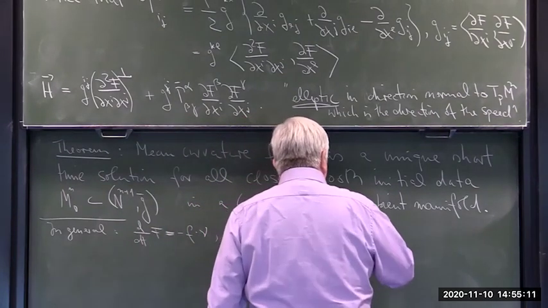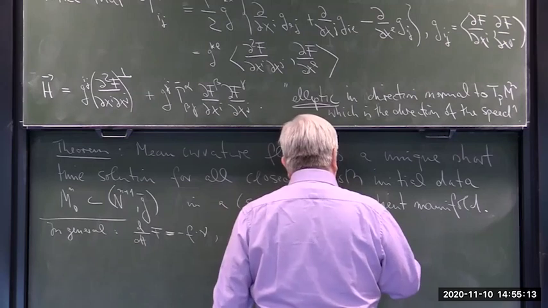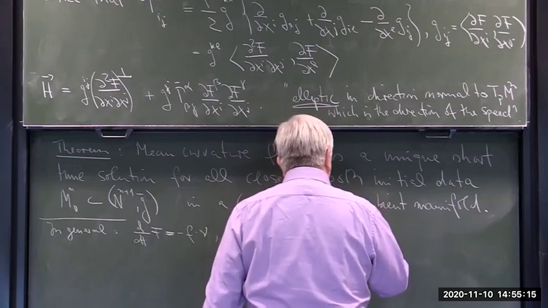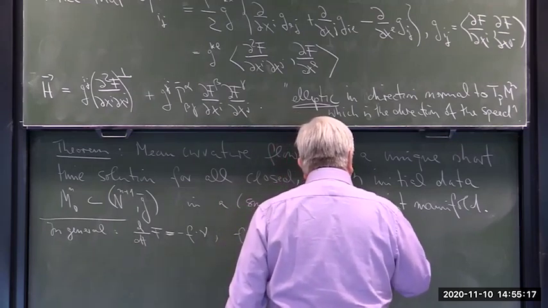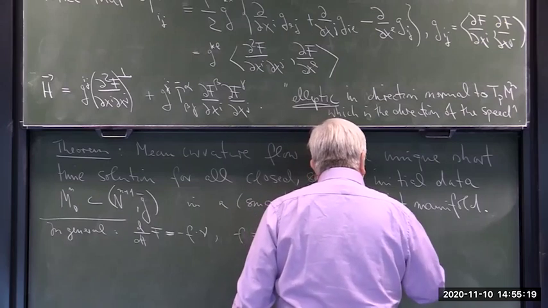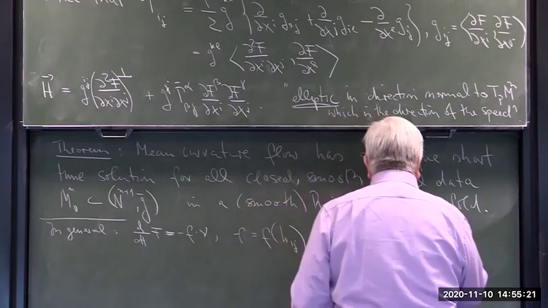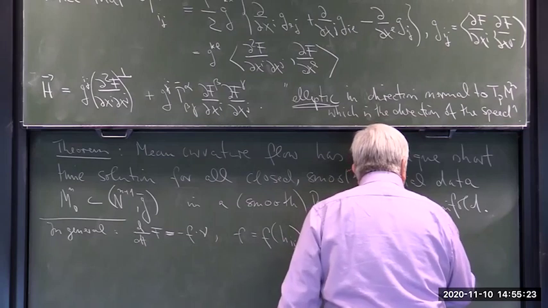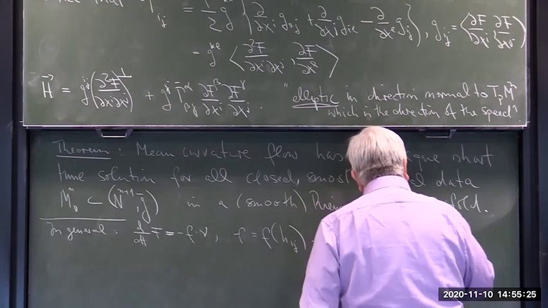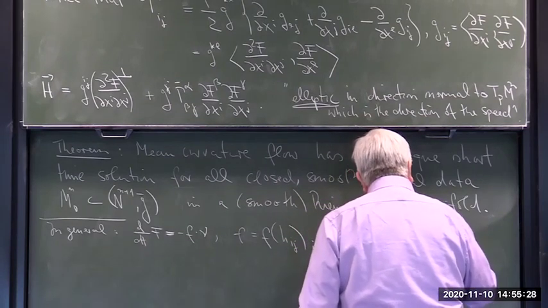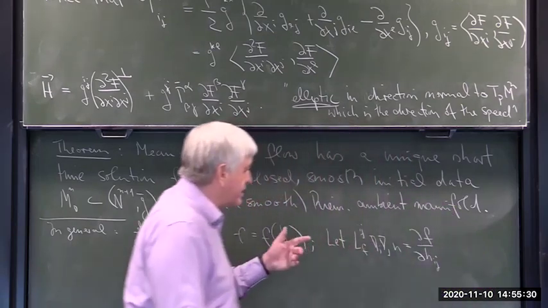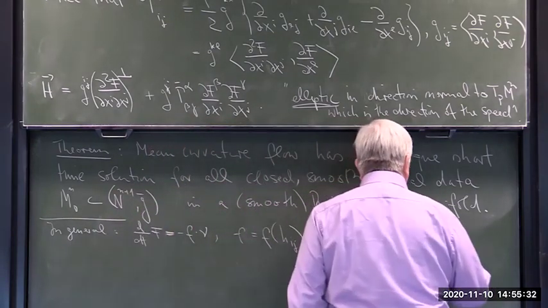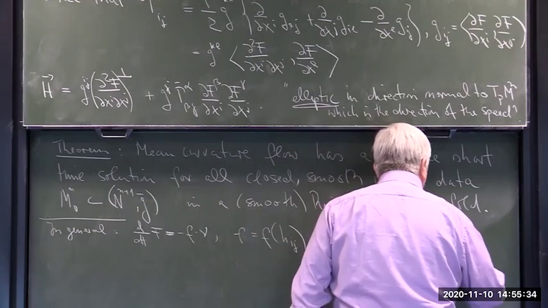So let L^ij d_i d_j u be the operator that comes from taking the derivative of F with respect to h_ij, linearize, and then multiplied with these derivatives.